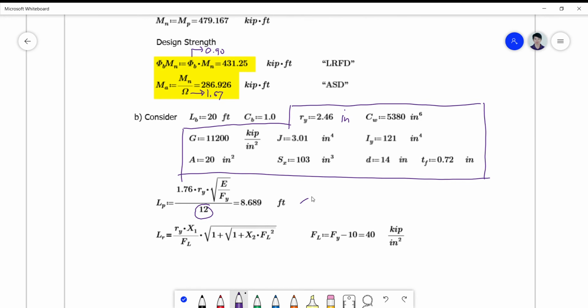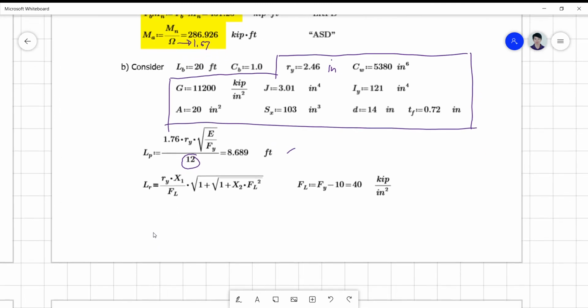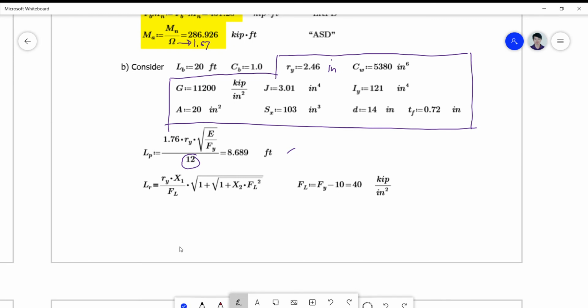And for your LR, we can use two formulas. So this formula here is actually an old AISC formula, wherein x1 and x2 are computed on the basis of another formula, and FL is actually your stress limit considering a reduction on the residual stress.